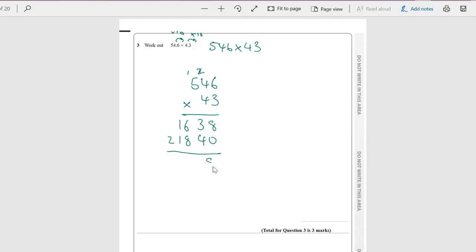So we have 8, 7, and here we have 14. So 4, put the 1 there, so 3 and 2. Remember, we've multiplied by 10 on both numbers, so here we divide by 100 to get our answer, which is 234.78.